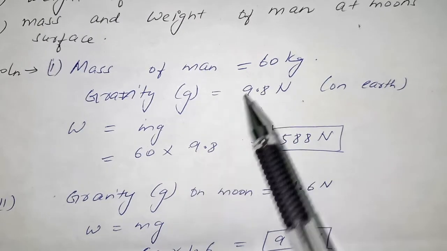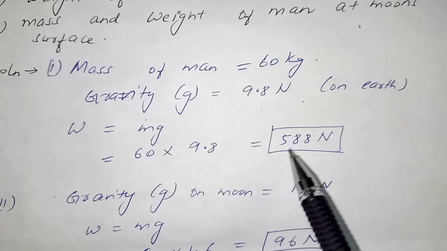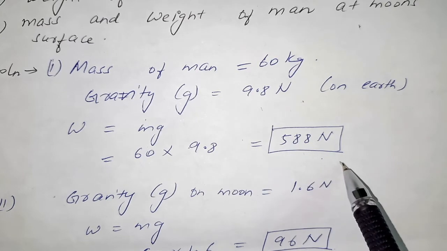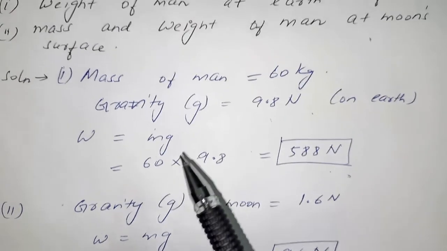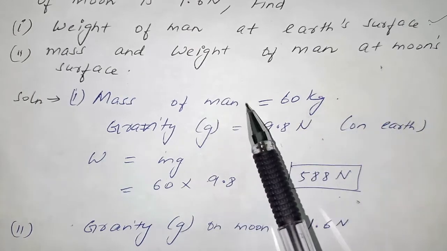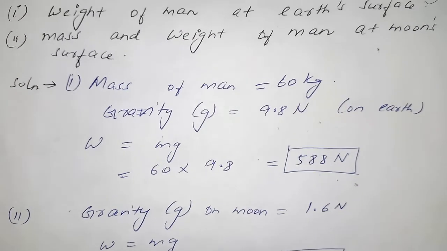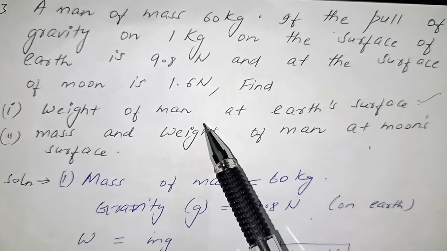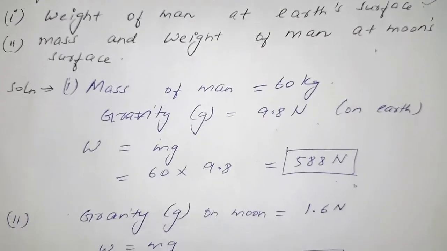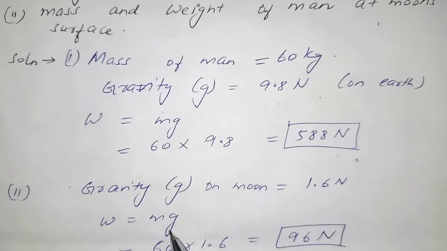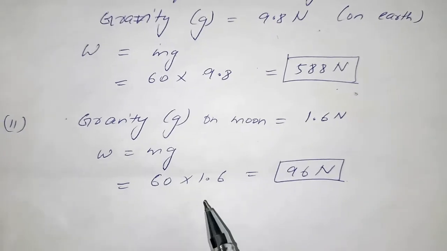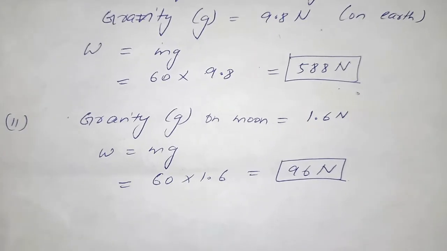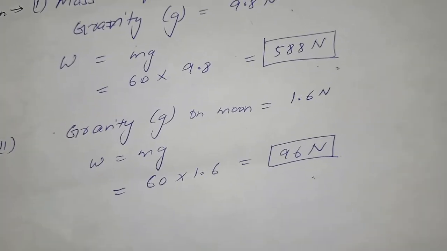So 60 into 9.8 is equal to 588 Newton. Now the second part: mass and weight of the man at the moon's surface. The gravitational force on the moon's surface is given as 1.6. The formula of weight is W equal to mg. The mass is 60 and the gravitational force is 1.6 on the moon's surface. So the answer will be 96 N.